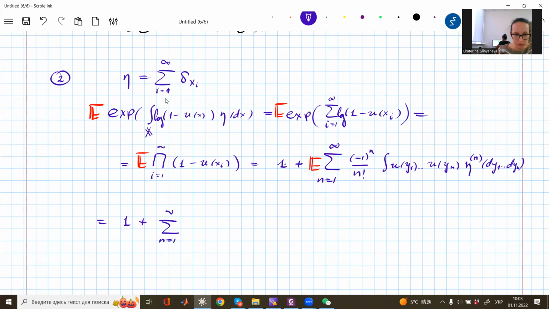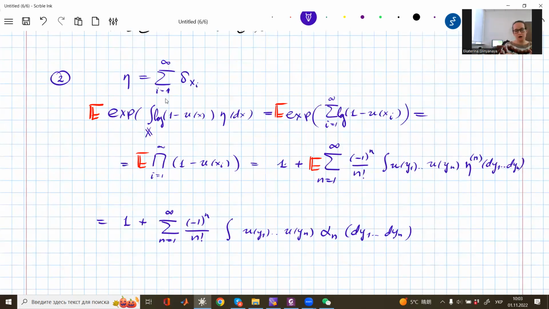And from 1 to infinity, minus 1 to n, and factorial, and here the integral of alpha n of dy first, dy.